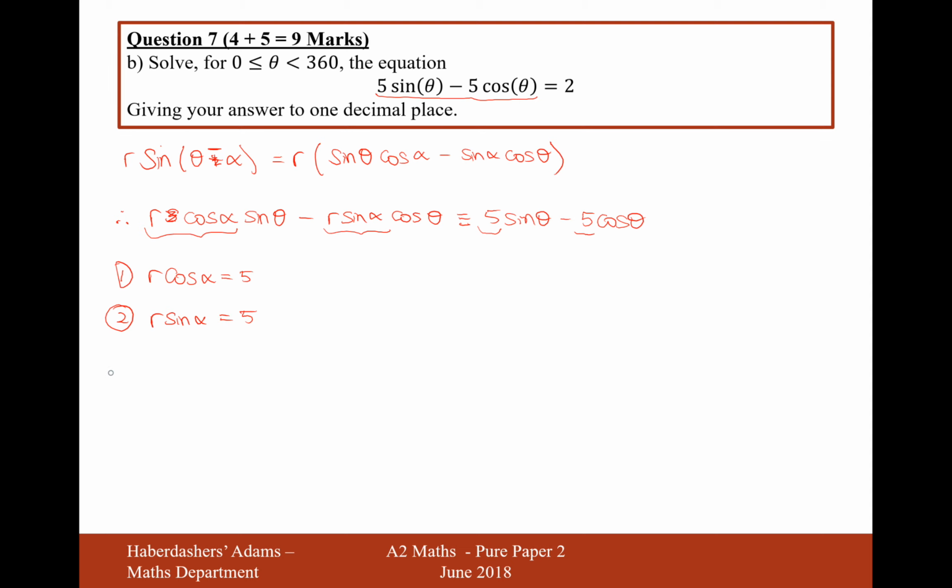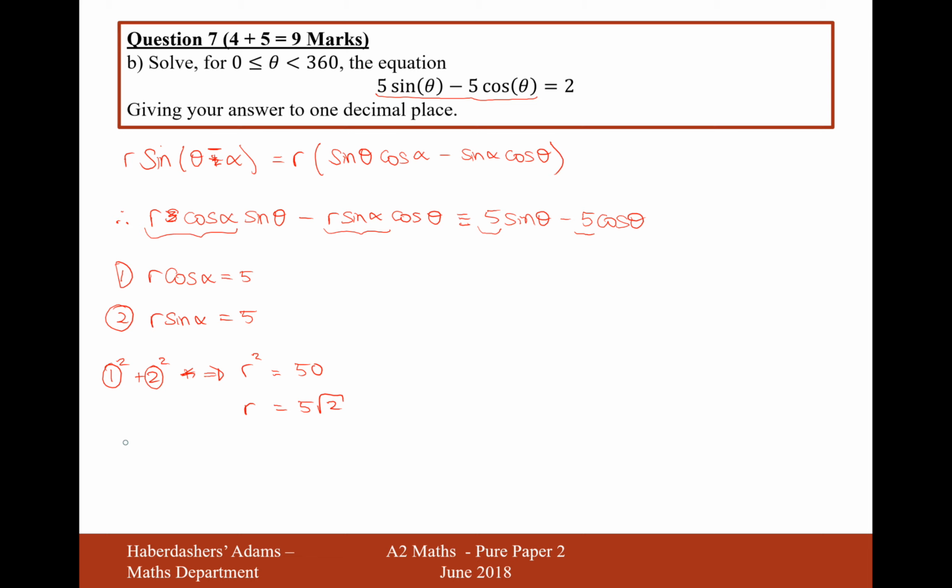Now what we can do with these two simultaneous equations is square both of them and add them together. We've probably done this lots of times before: r squared equals 50, because the sine squared plus cos squared will equal 1, and that would just cancel out. So we get r squared equals 5 squared plus 5 squared, that's 50, so therefore r is equal to 5 root 2.